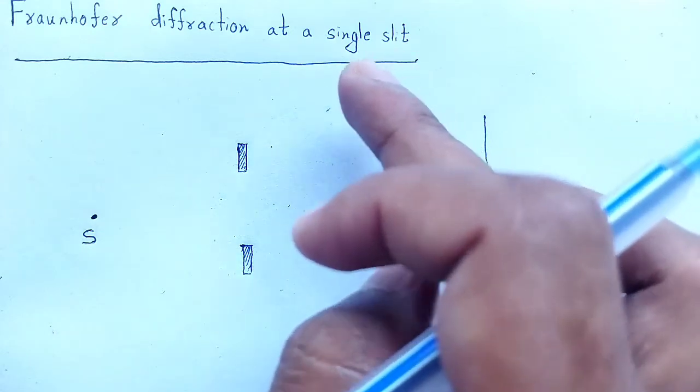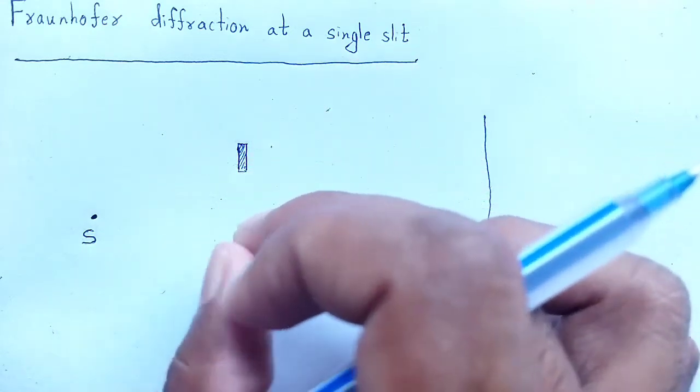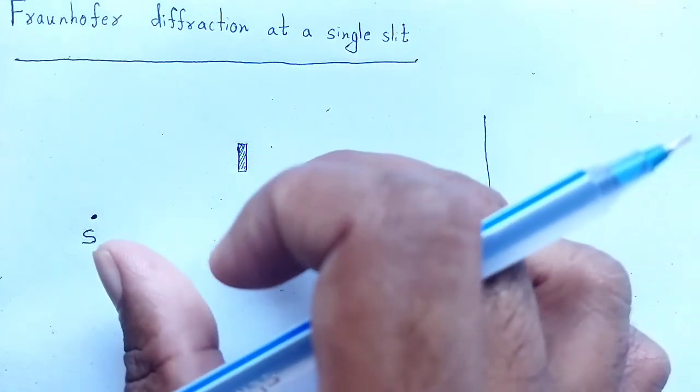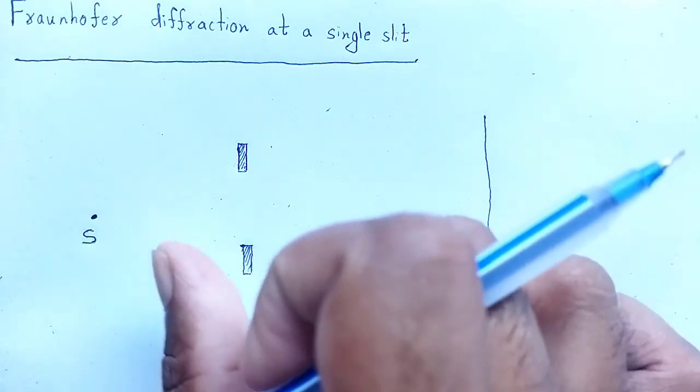Here we use a single slit. Source and screen are both at infinite distance. Also the slit is at infinite distance from the source.